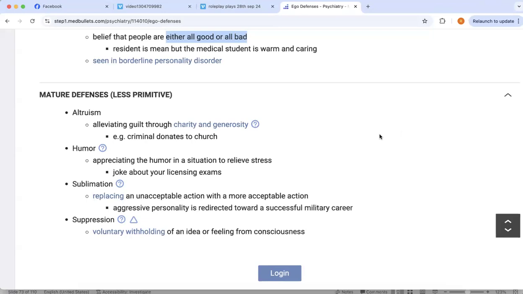Has he changed himself? Like previously he was a drug addict, now he is, let's say, a person who helps people. Hep C doesn't necessarily mean he was a drug abuser, right? So reaction formation is changing someone to exactly the opposite. Okay, so it could be altruism that he is doing now.